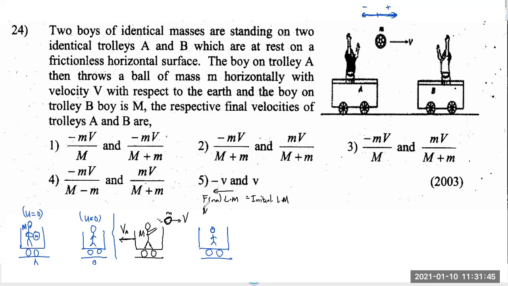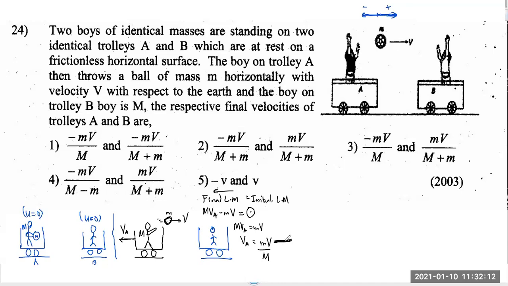That is going to be capital M VA minus small m v. Why did I put minus? Because the ball is going to the right. And the initial linear momentum is nothing. So I get M VA equals m v, and VA is equal to m v divided by capital M. Remember, the direction is to the left.